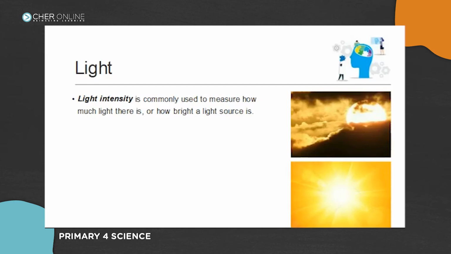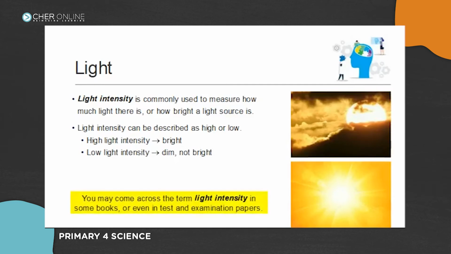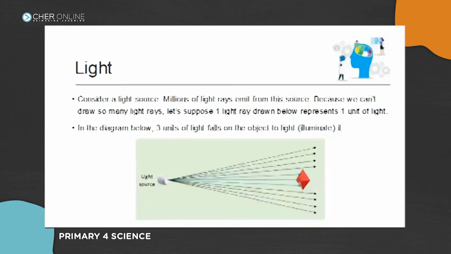Gervais, hang on first for your question. Later on, I will let you talk. Light intensity can be described as high or low. High intensity means very bright, and low intensity means dim or not bright. You may come across the term light intensity in some books or even in tests or examination papers, so that's why we need to discuss this.